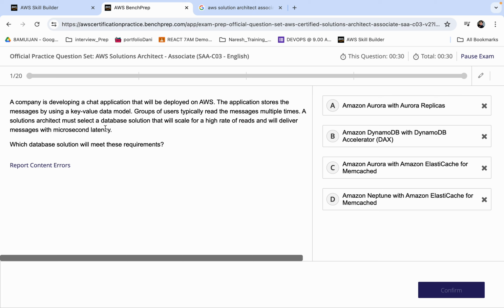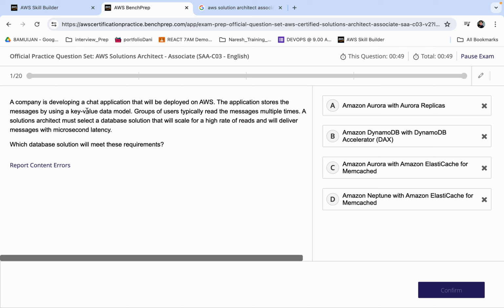With the questions, I will be marking 2-3 keywords which will help me answer the question. The first thing is key-value data model.